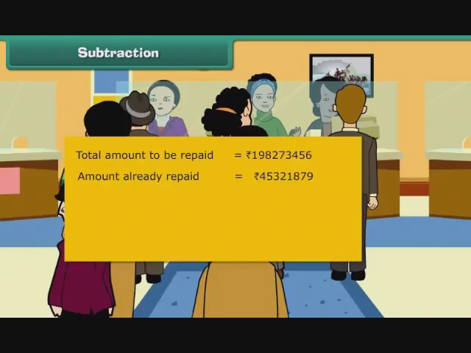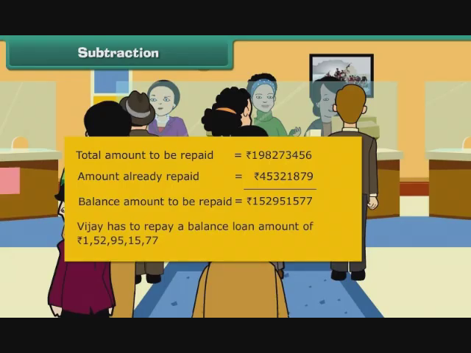Amount already repaid is equal to rupees 45321879. Balance amount to be repaid is equal to rupees 152951577.